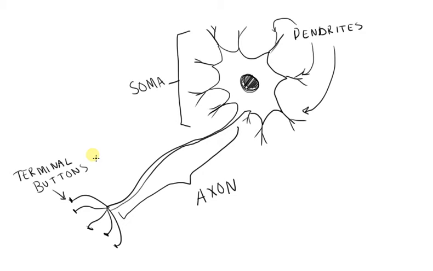Terminal buttons. Again, I'll mark it in red real quick. They're these guys down here. Okay, so once you know this stuff, you're pretty much there already. Like I said before, this black spot I've drawn is the nucleus.